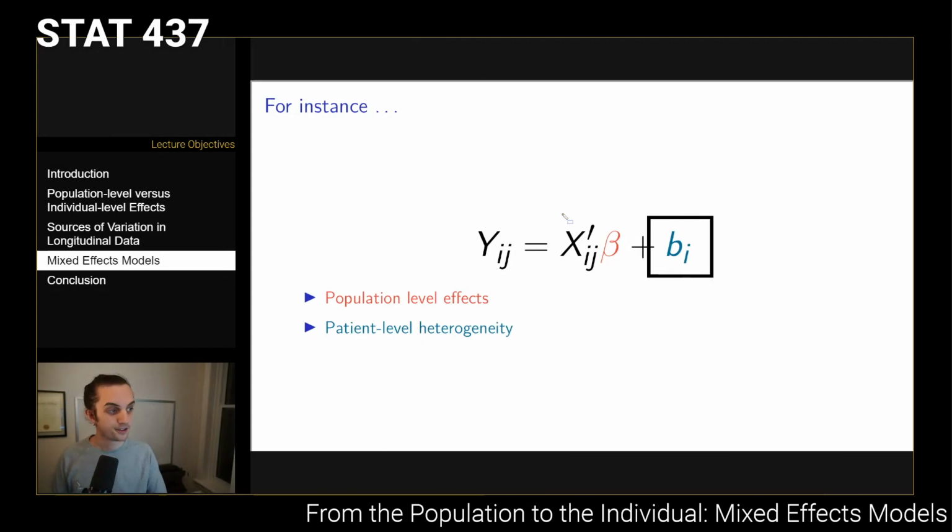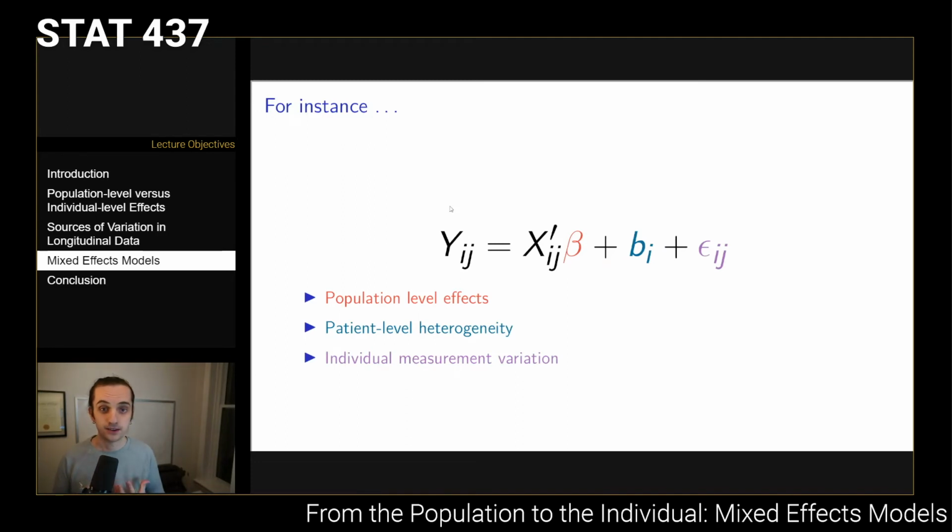Then for the same values of x_ij, if you have a positive b_i, you're going to have a higher outcome, and if you have a negative b_i, you're going to have a lower outcome than the population average would expect. So this b_i term is capturing this patient level heterogeneity, right? So for the same covariates, you can have different responses now.